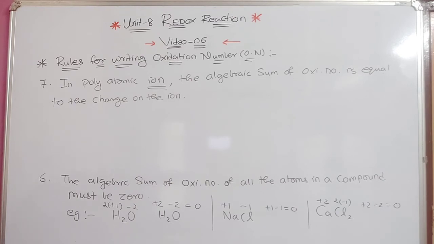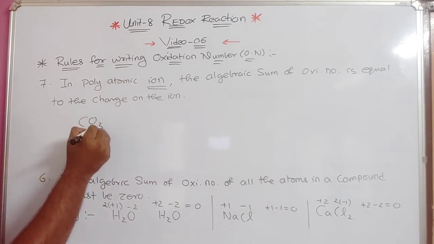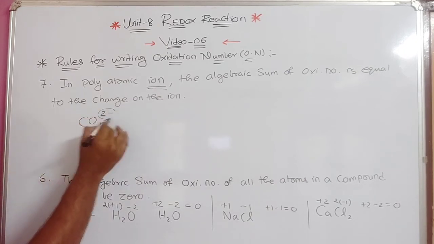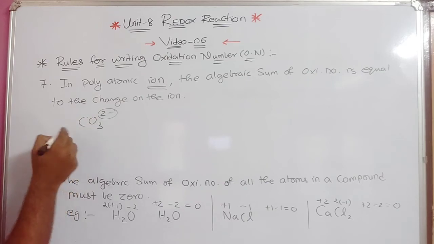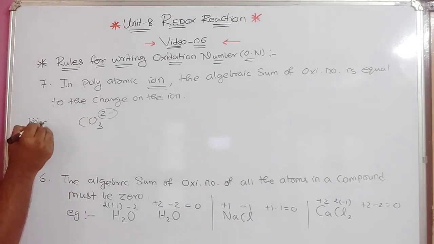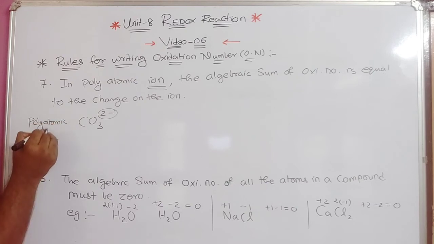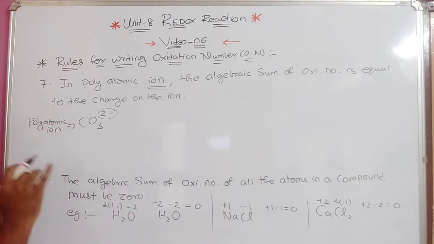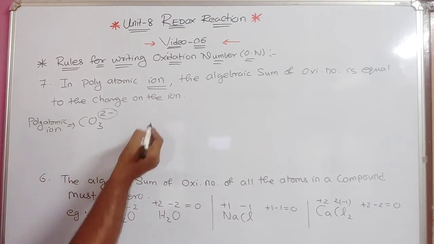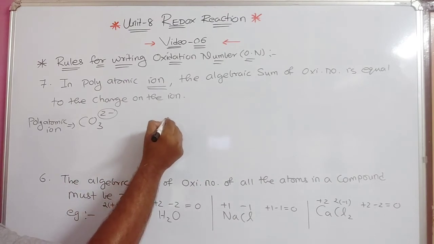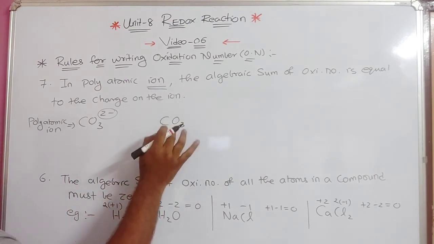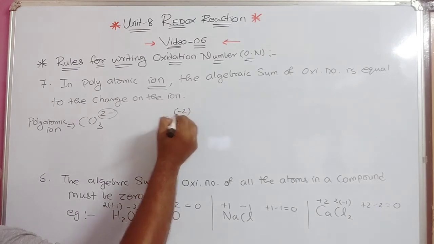Now in your textbook I think they have given an example, CO3 2-, the carbonate ion. This 2- is the charge of the polyatomic ion. Understood? So in this case, for carbon, if you don't know it, the oxygen you know is -2, into 3.